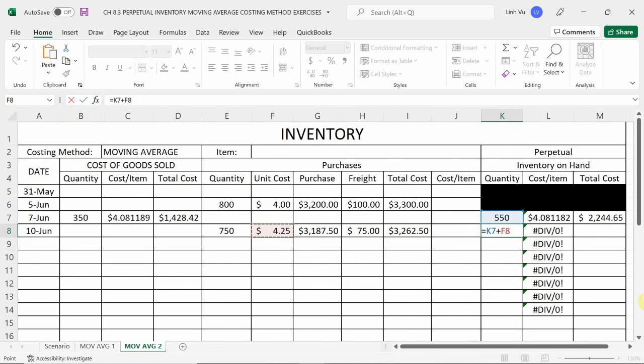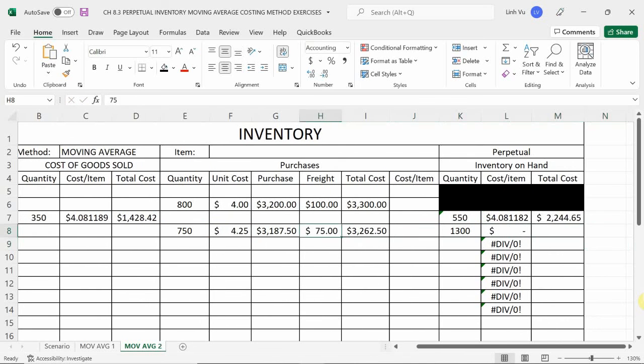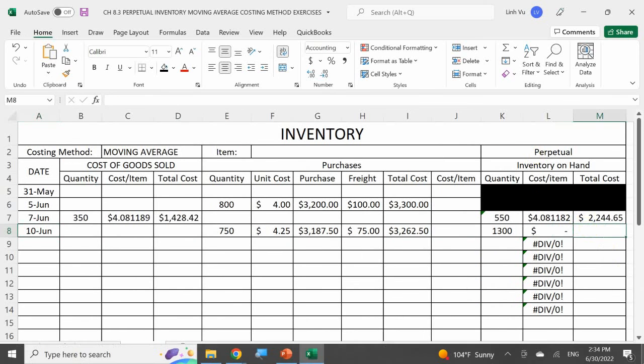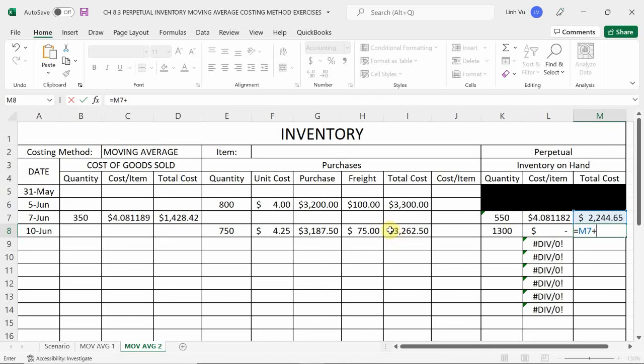Okay. So we know how many goods available we have. So 550 plus 750 gives you 1,300. Okay, and then we have my leftover with 224465 plus my purchase of 3,262.50.